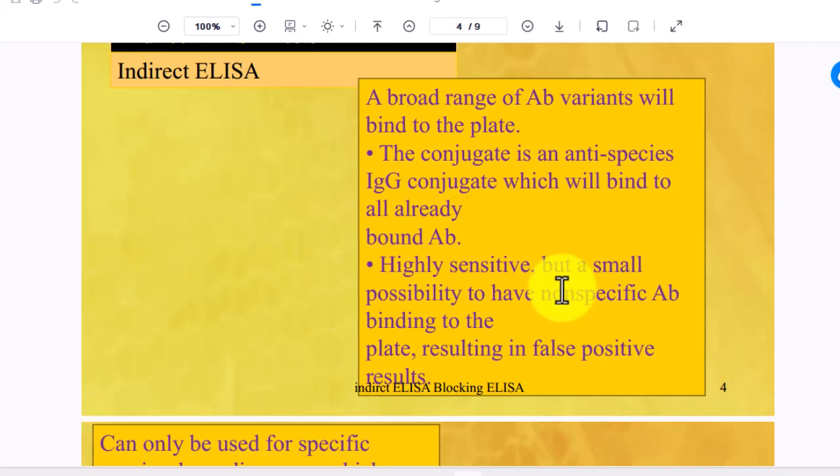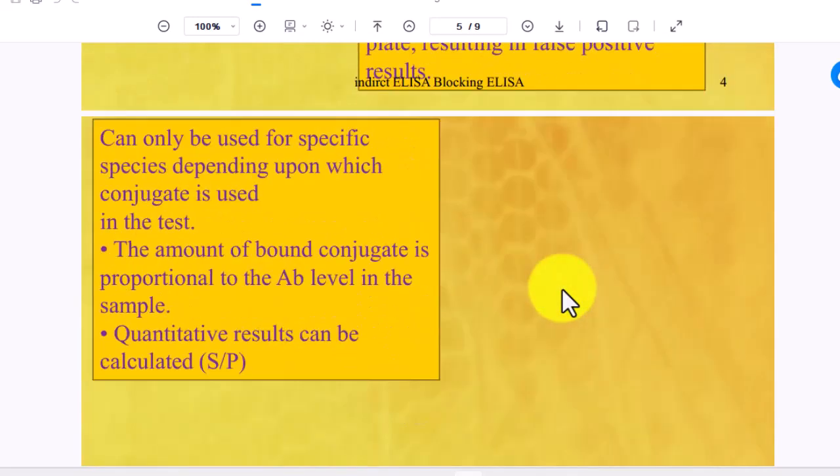A bound antibody is highly sensitive, but there is a small possibility of non-specific antibody binding to the plate, resulting in false positive results. We use only a specific species, depending upon which conjugate is used in the test.